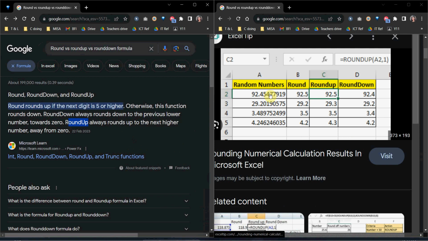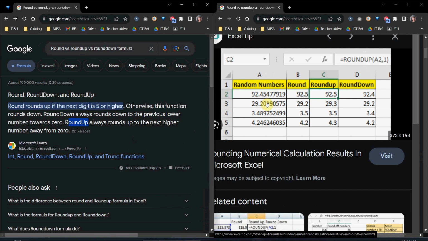As you can see here, we're rounding to 1 decimal place. In the first number, 92.45, as we're rounding to the first decimal place, in rounding we're just going to increase the 4 to 5 because the next digit was 5. In the second one, round up, we always round higher, so 4 will become 5, while in round down, 4 will stay as 4. Next one, 29.20, that's going to round to 2, because the next digit is 0.